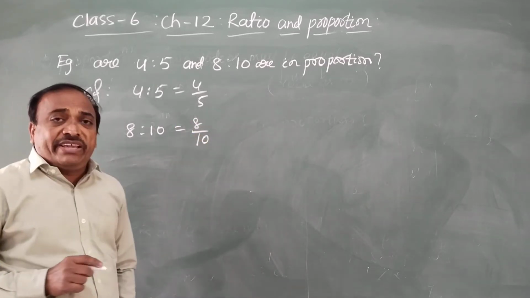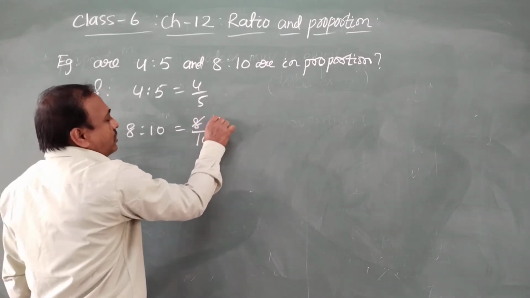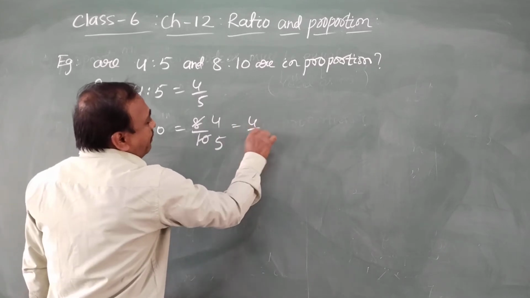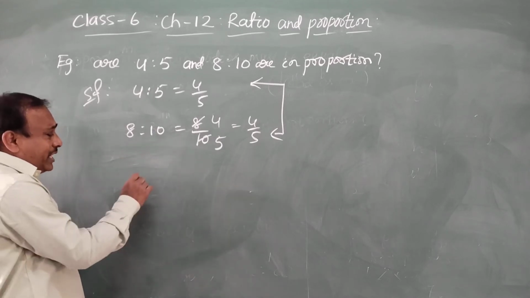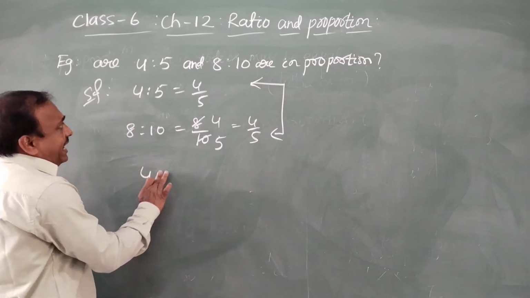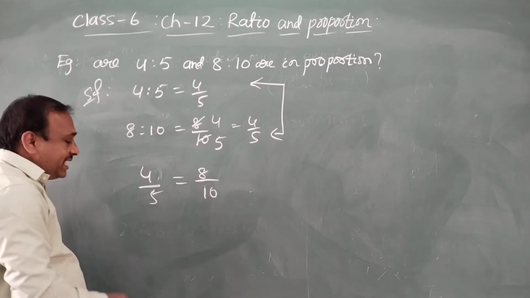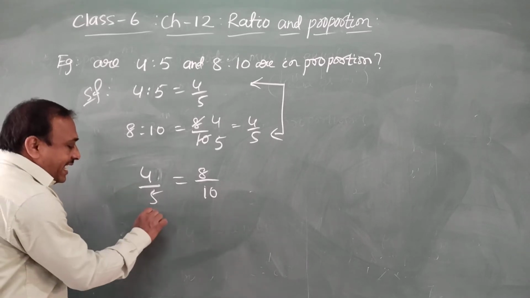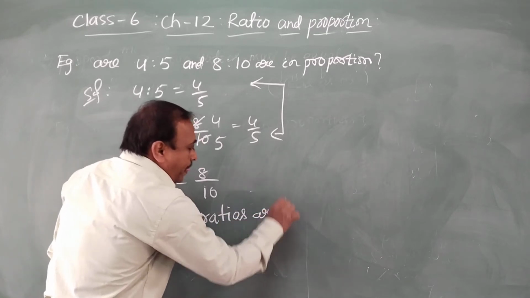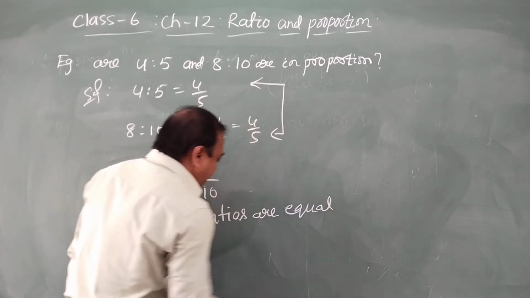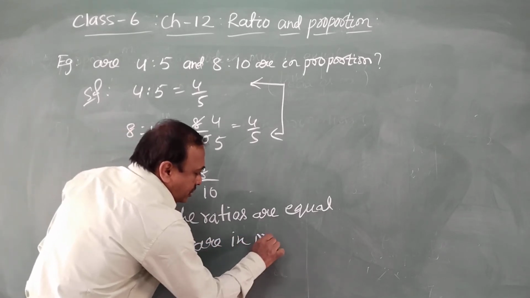We can simplify 8/10 by dividing by 2: 2 fours are 8, 2 fives are 10, so we get 4/5. Both the ratios are equal to 4/5. So 4/5 is equal to 8/10. Yes, the ratios are equal, so they are in proportion.